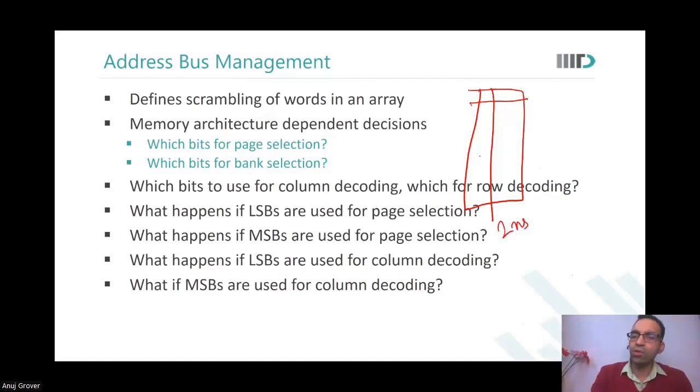I want to operate at 1 nanosecond. So I say this bitline capacitance is huge. Let me split these bitlines into smaller bitlines. Each of these smaller bitlines will be associated with a sense amplifier, and there will be a global line through which I can give an output.